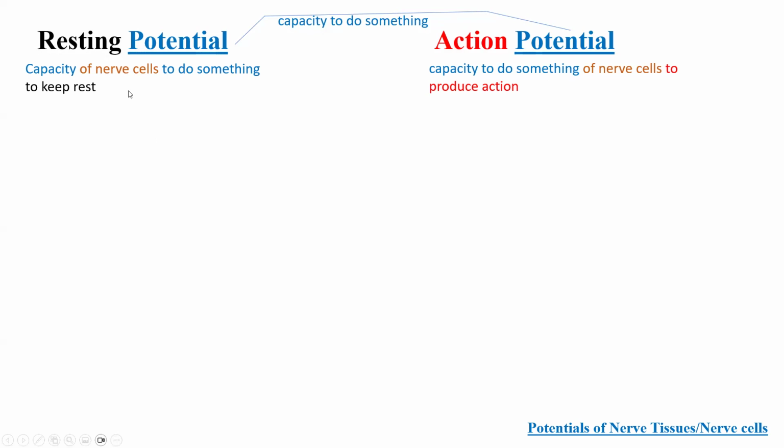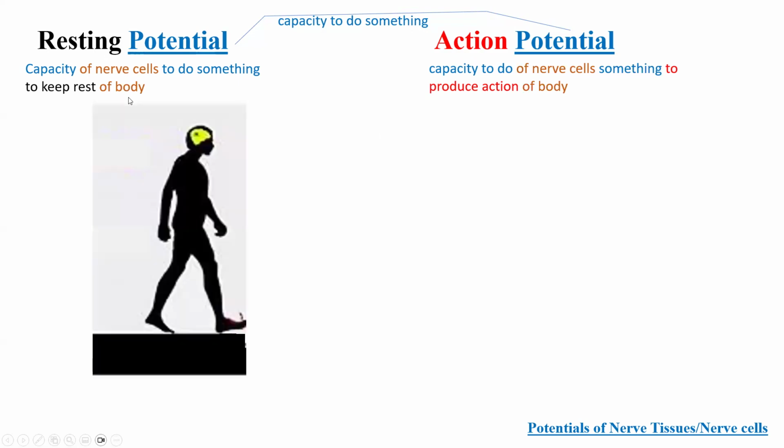So we can add another phrase: the capacity of nerve cells to keep the state of rest or to produce any sort of action in the body. Because we know that in the state of rest, nothing is happening with us. It means we are not receiving any sort of stimuli. We are cool and calm, doing whatever we are interested in doing.